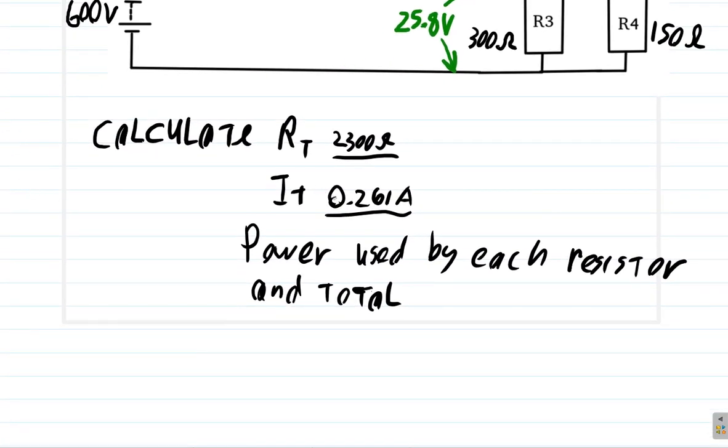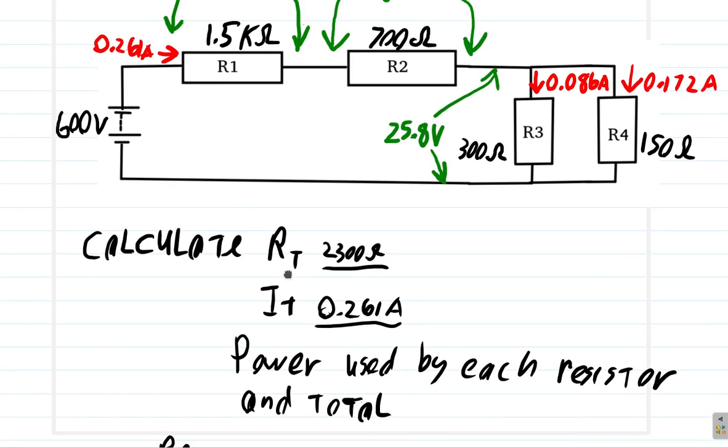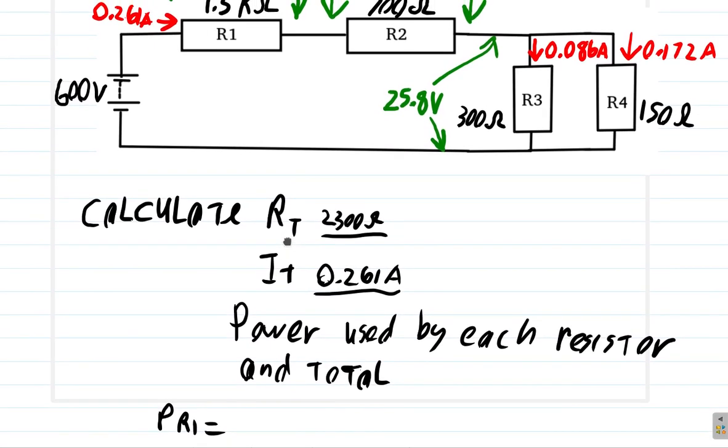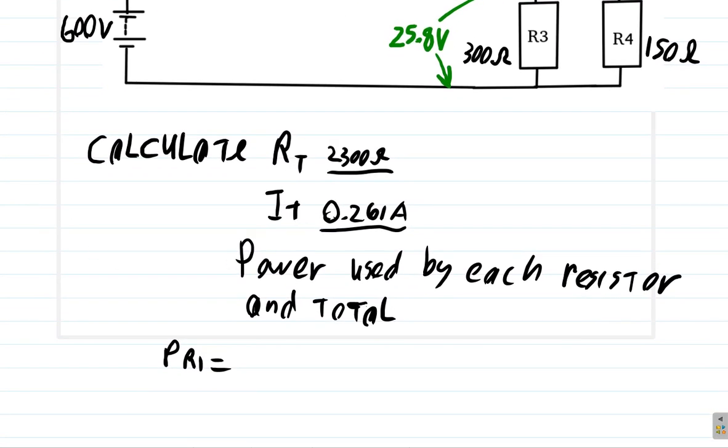We want the power used by R1, where the current through R1 is 0.261. Well, first of all, you know the formulas for power: P equals IV, P equals I squared R, and P equals V squared over R. These are the three formulas, right?